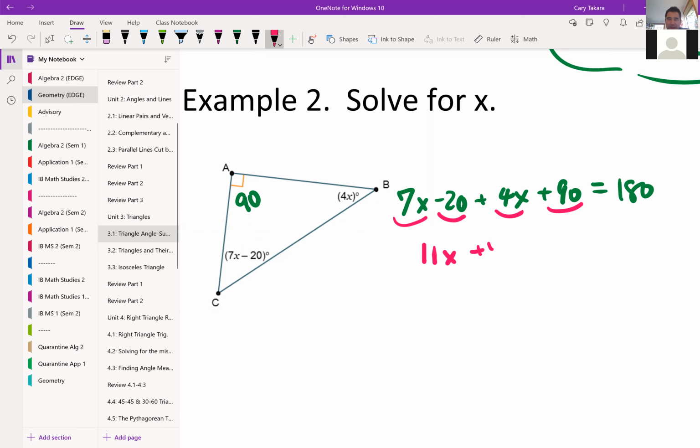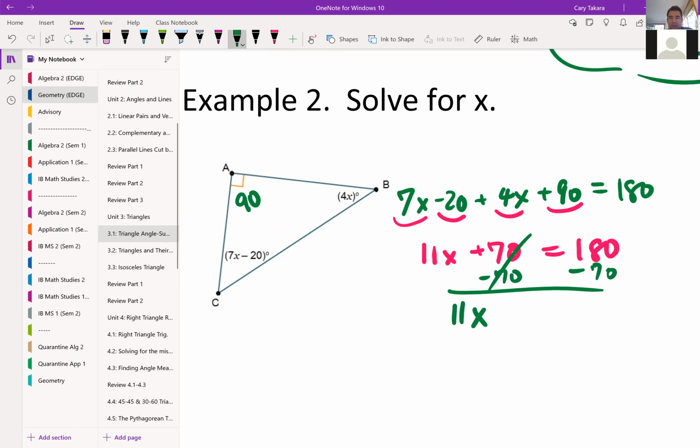That's positive 70. And that's equal to 180. Now I subtract 70 on both sides. 11x equals 110.